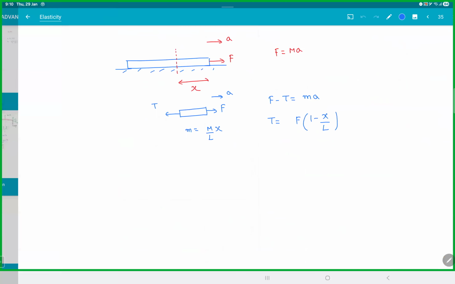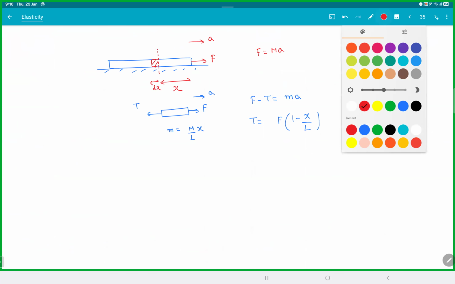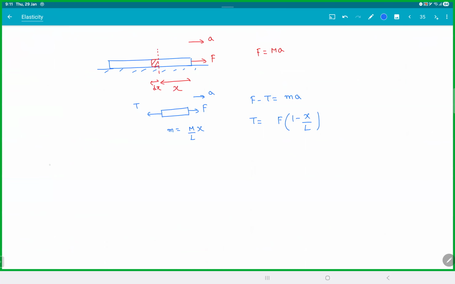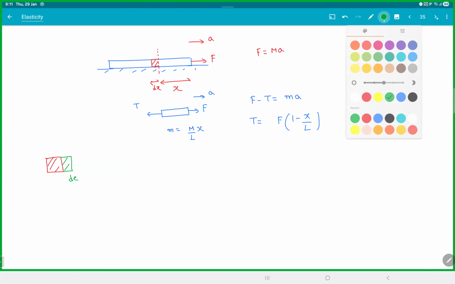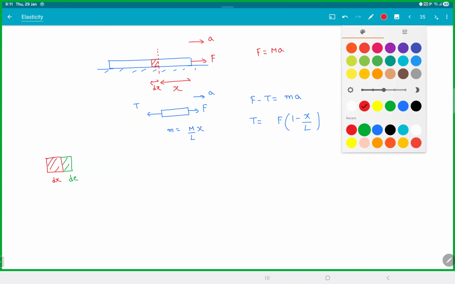Great. Now what you're planning to do? For this rod, you have taken a small piece dx. In that small piece dx, the elongation is de. So I'm just doing the whole thing again. You want to find elongation.